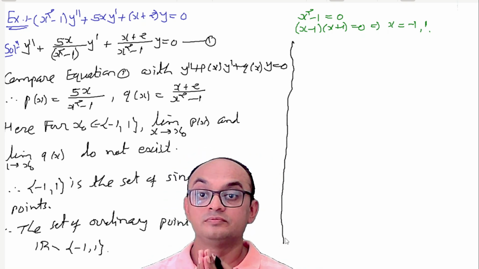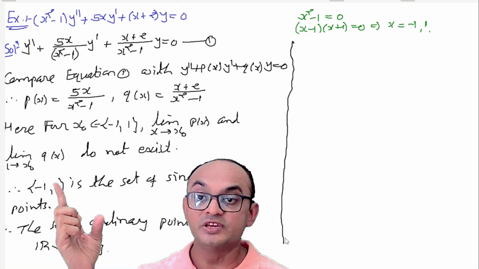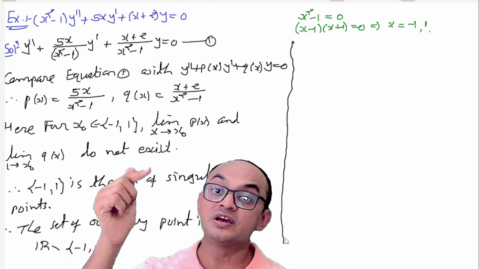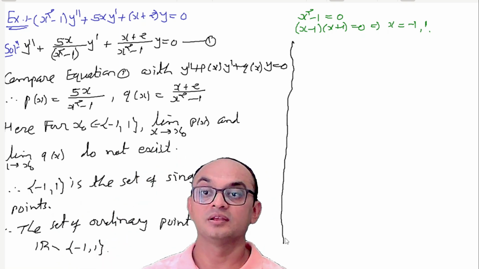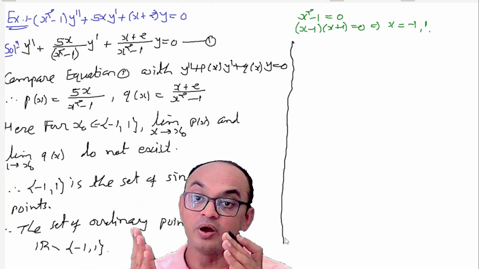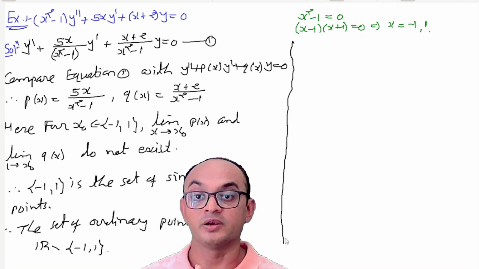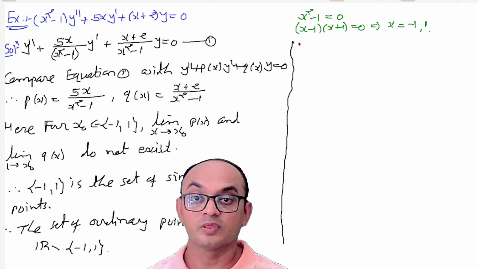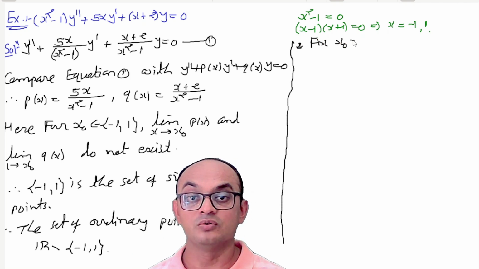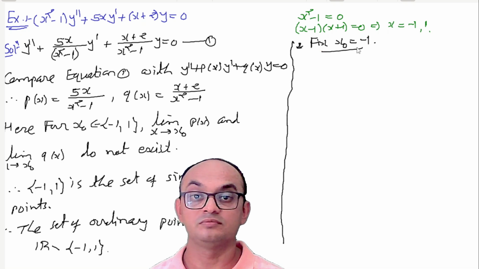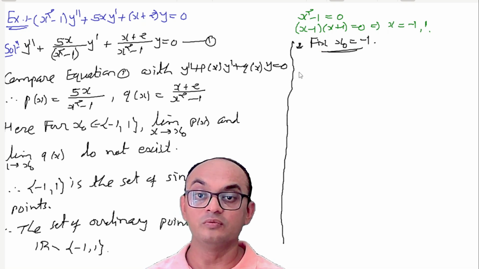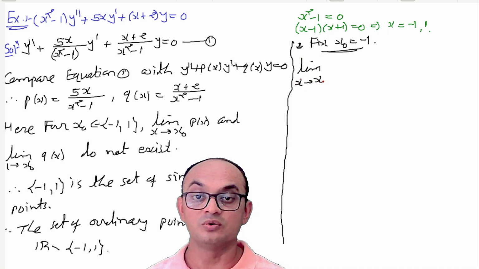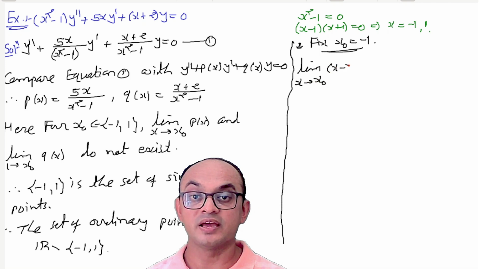What next? We have two singular points and we need to check which one is a regular singular point and which one is an irregular singular point. So suppose we fix x0 equal to, say, minus 1. Then what we do? We need to check the limit x tends to x0 of (x minus x0) into px.